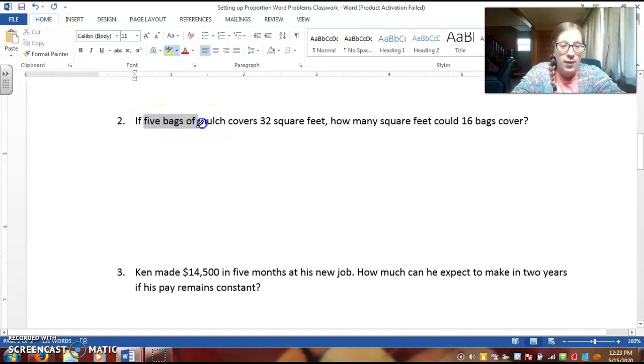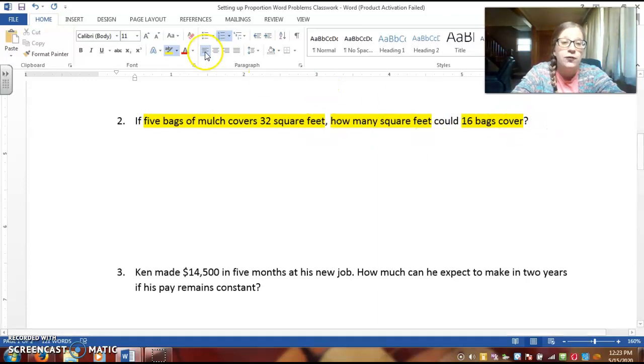If 5 bags of mulch covers 32 square feet, that first value is hidden as a word. So make sure that you're reading it, not just looking for the numbers. It also tells us how many square feet, so that's the question we're looking for. If I have 16 bags, how many square feet would it cover?